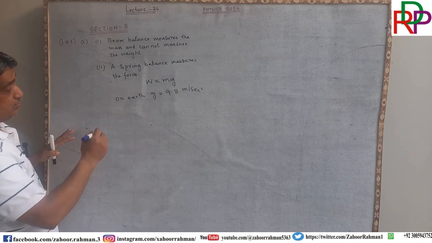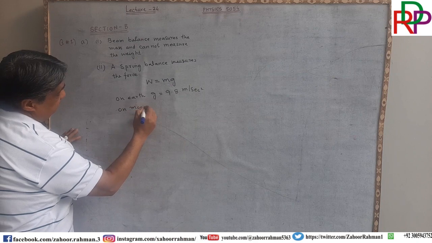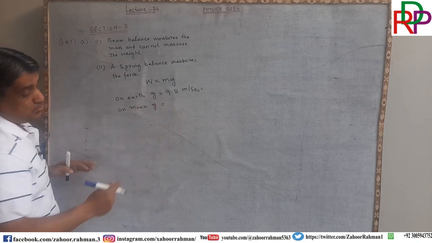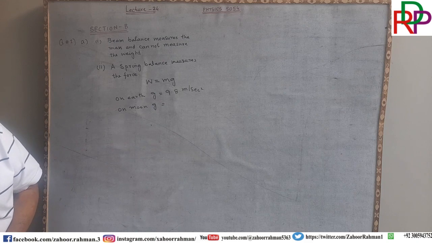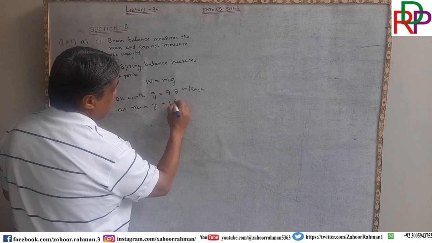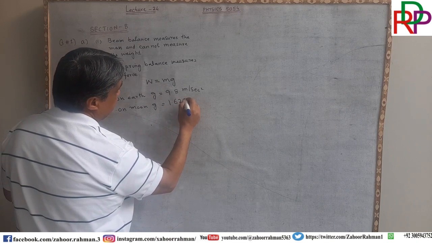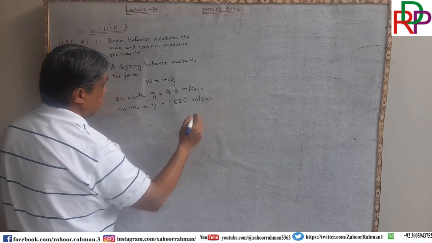On the moon, g is equal to 1.625 meter per second square.